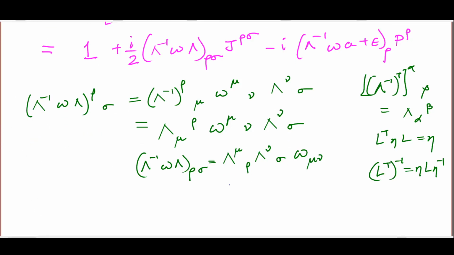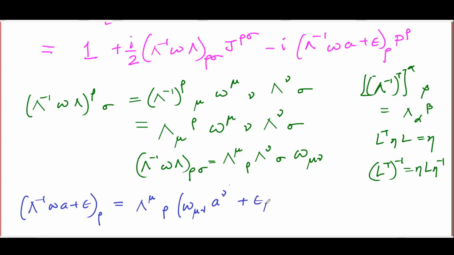So that's what lambda inverse omega lambda's rho sigma th element is. What we need next is lambda inverse omega a plus epsilons rho th component with rho downstairs. I will not repeat the calculation all over again, but if you proceed along the same lines as before, you should be able to show that this is actually equal to lambda mu rho omega mu nu a nu plus epsilon mu.